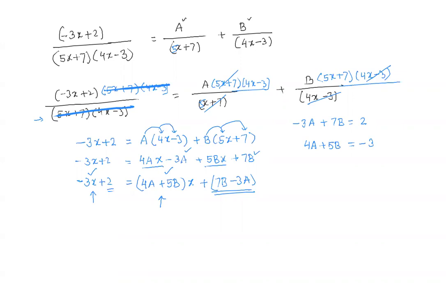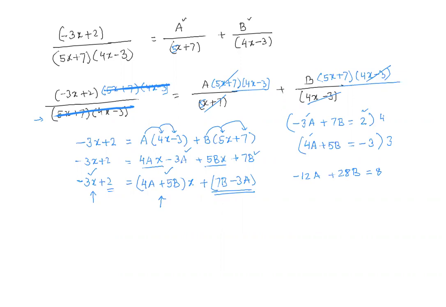Now you just need to solve this system of equations, so you use the elimination method. Let's eliminate a, so 3 and 4. I'm going to take this equation and multiply it by 4, and take this equation and multiply it by 3. So 4 times -3 is -12 times a, plus 4 times 7b is 28b, is equal to 4 times 2, which is 8.